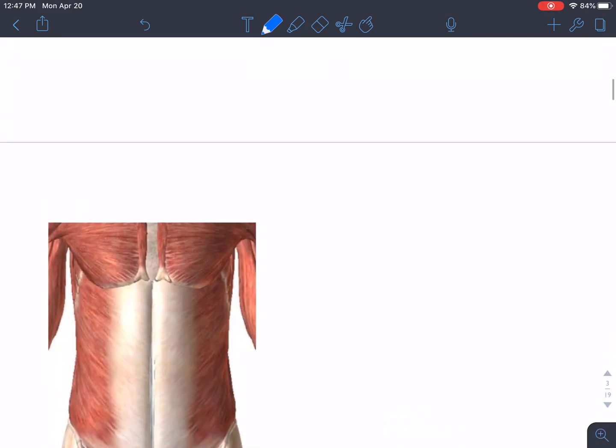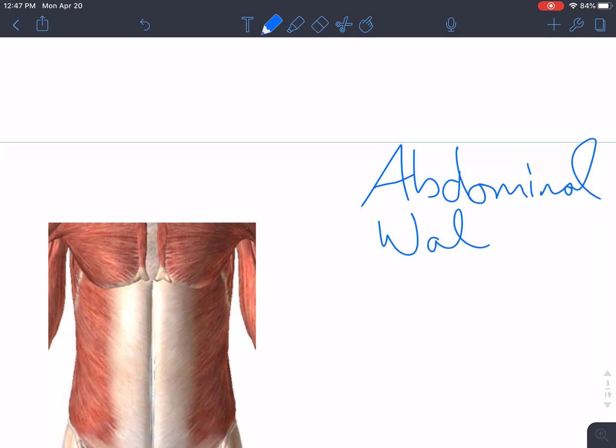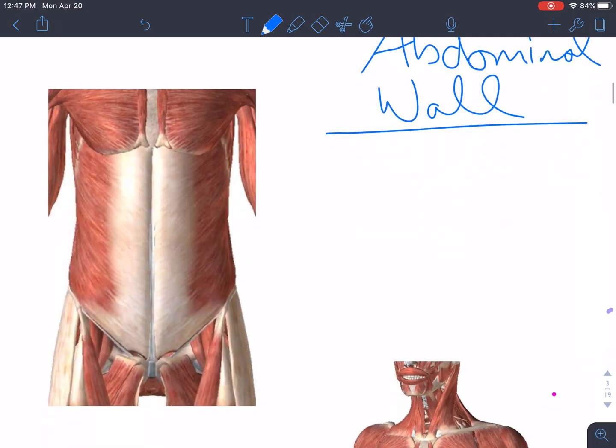Now we're on to the abdominal wall muscles. There's three main muscles we're gonna learn here. So you got one muscle here, and you can kind of see the fibers. These are superficial, on the external aspect of the abdomen.